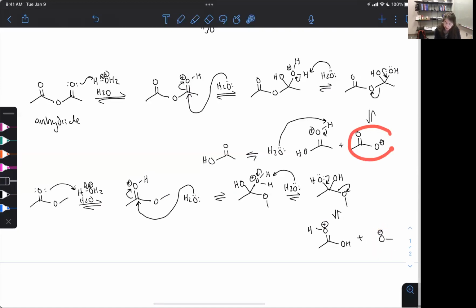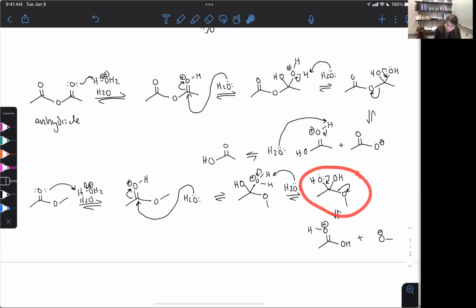We talked about how this is a pretty poor base because this pKa is about 5. Depending on what kind of acid you have around, it may or may not be protonated. This one, though, is not that great. This one has a pKa of about 16, so it's a pretty big difference here.